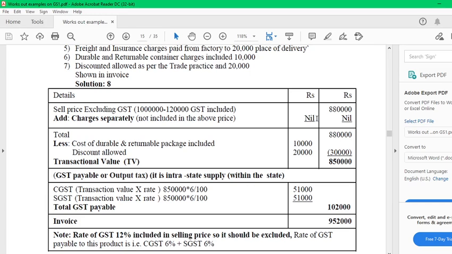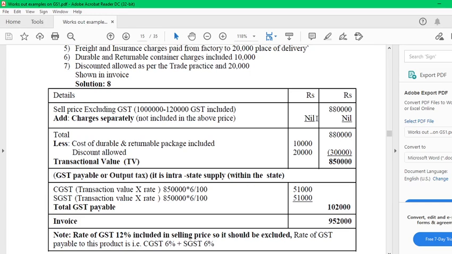a subsidy from the government is exempted. If there are such kinds of transactions appearing in the financial statement, it is exempted. Then services provided by RBI, very careful. Services provided by RBI, the word used is by, is exempted.